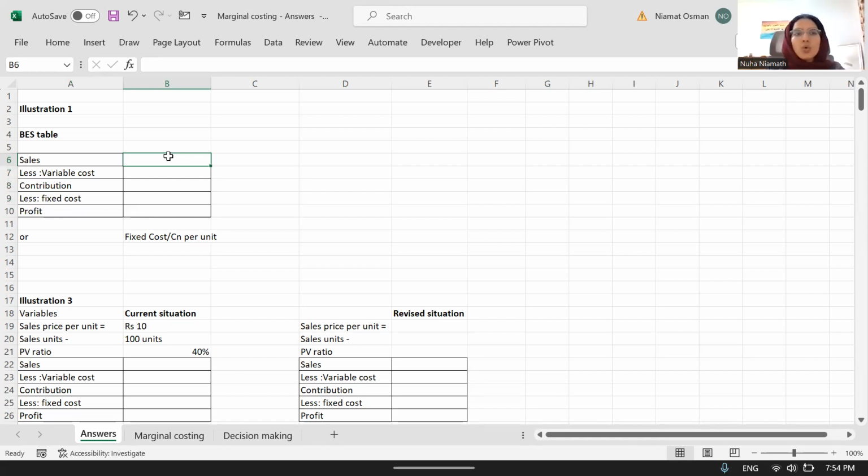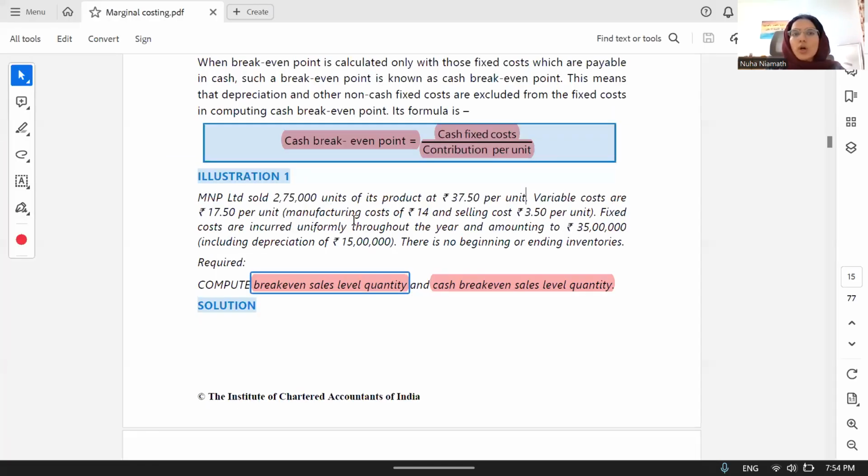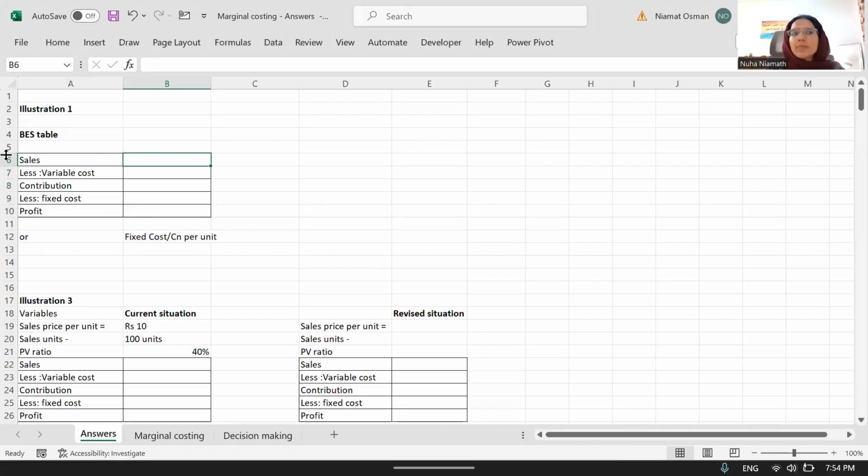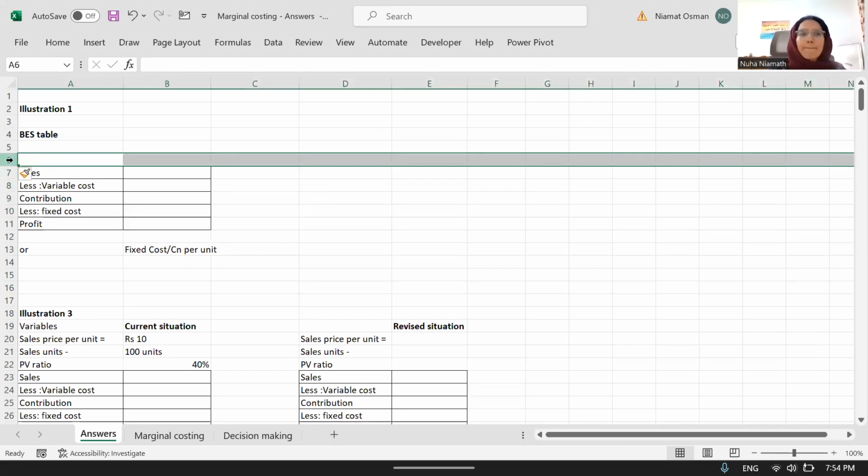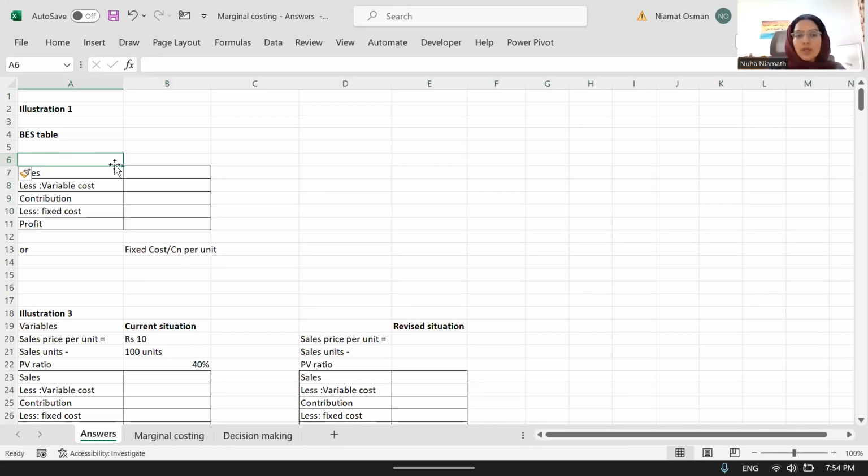So I just want to give you one question where we take this table as a base. Let's get into our break-even sales. Let's keep break-even sales as X units. I'm giving this so that you get an idea of what we are doing, so that it's not just formulas.